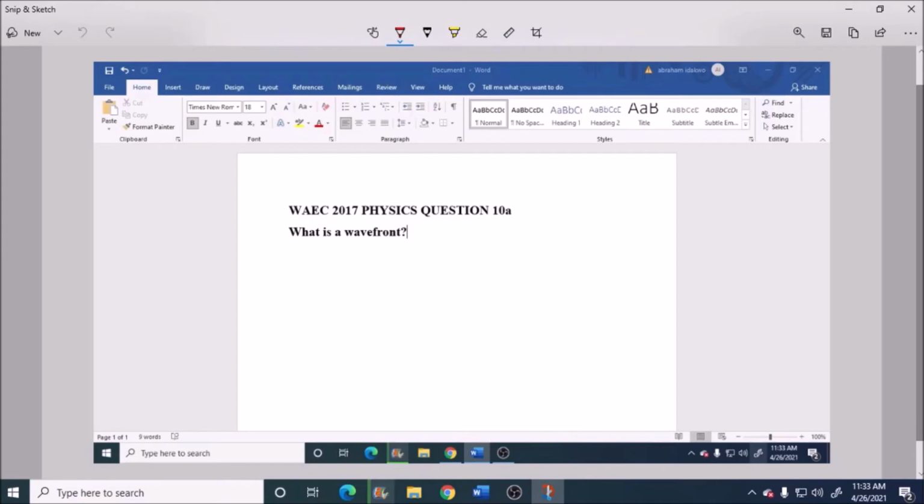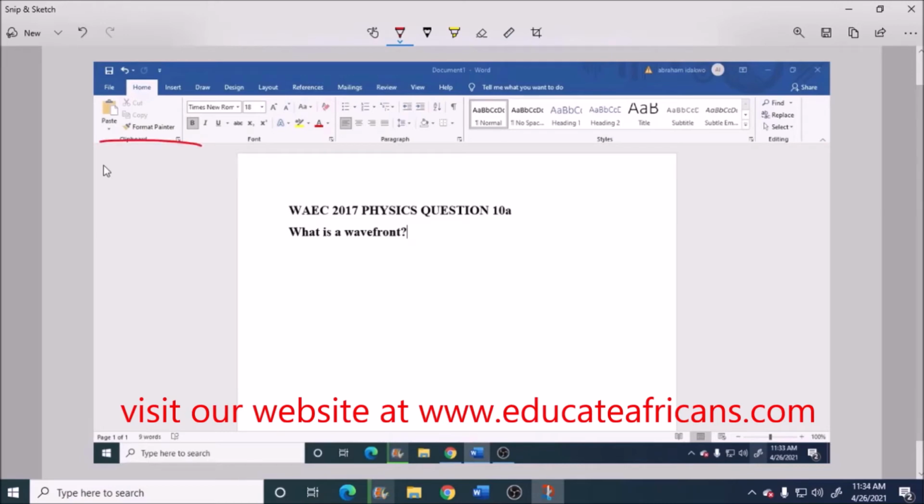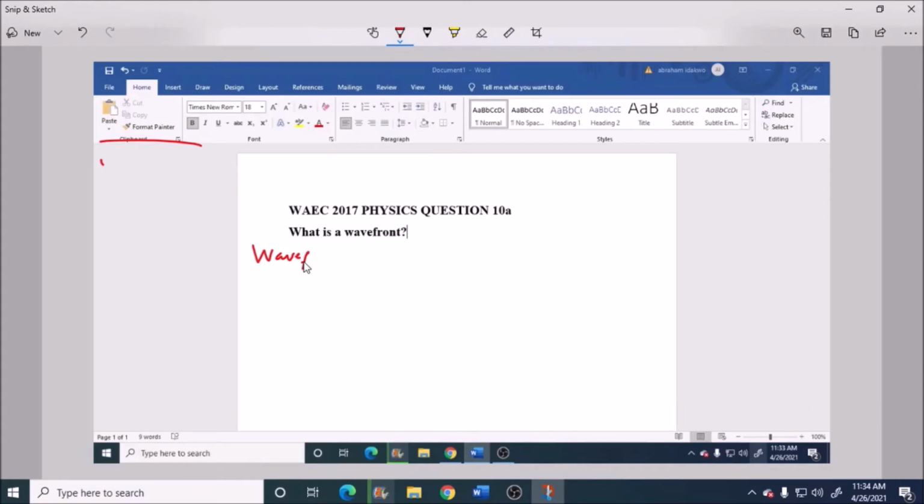Now, let's begin by saying that wavefront is a surface over which particles vibrate in the same phase.